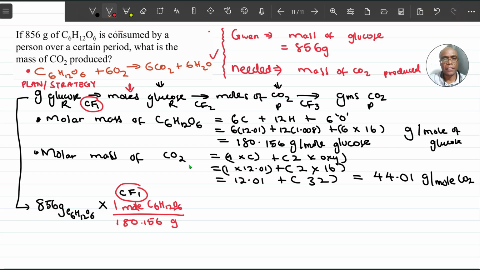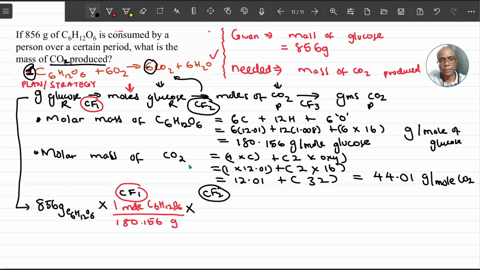Then I need to move to my second conversion factor. I need to move from moles of glucose to moles of CO2, so I will need my CF2, conversion factor 2. For that one you have to go back to the equation and compare the leading coefficients. So 1 mole of glucose reacts with oxygen to give you 6 moles of CO2. I'm going to use the CO2 because that's what the question is asking about.